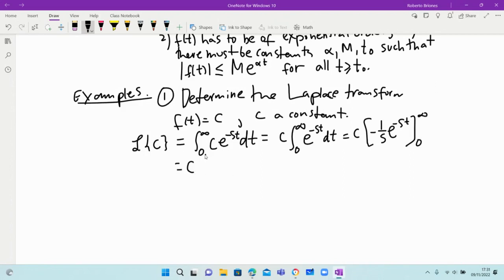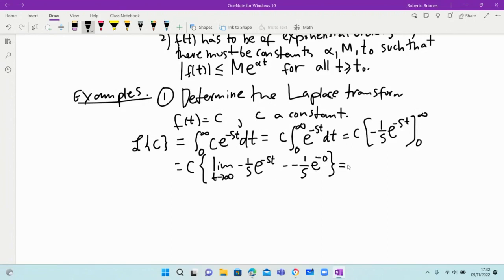So this becomes c times some expression. This becomes the limit as t goes to infinity of negative 1 over s times e to the negative st, minus negative 1 over s e to the negative 0, after plugging in t equals 0 into the expression.